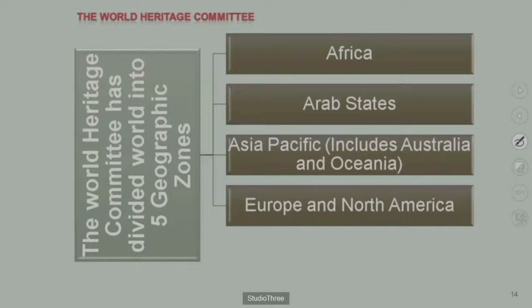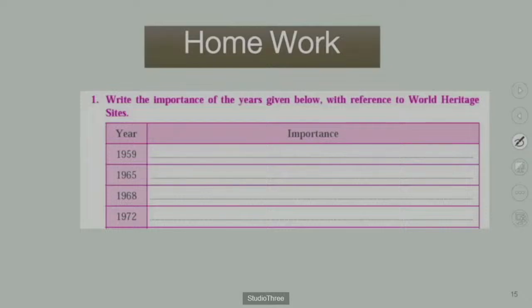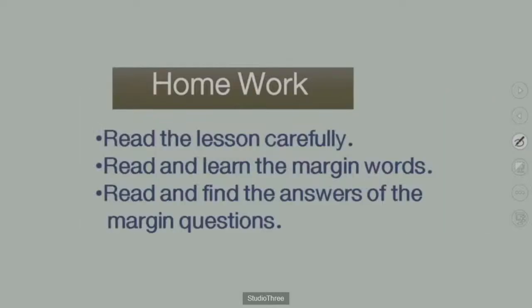Let's see, I would like to show you 2 slides that you have to do as homework. Here certain dates are there. I have covered all the dates. What happened in which year, you have to write down in your notebook, friends. This will be today's homework. Along with this, you have to read the lesson carefully.